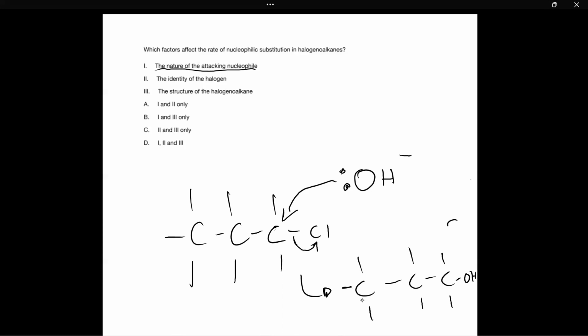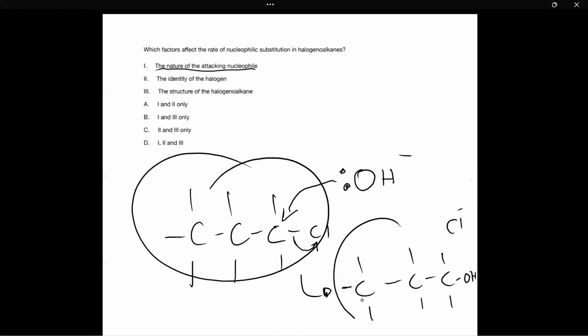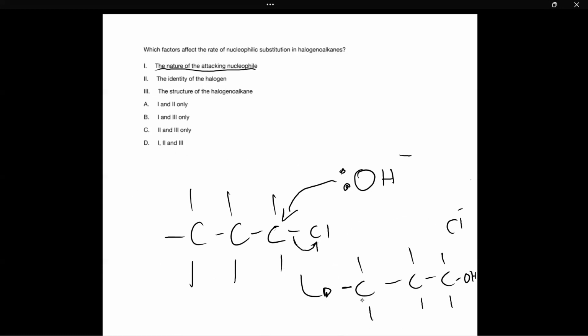But this transition from this to this requires you to be very fast. This transition needs to happen quickly, because without this chlorine, this carbon is very unstable. When this chlorine leaves, there will be a positive charge over here, and that needs to be filled up quickly.